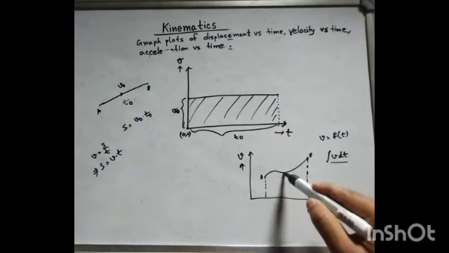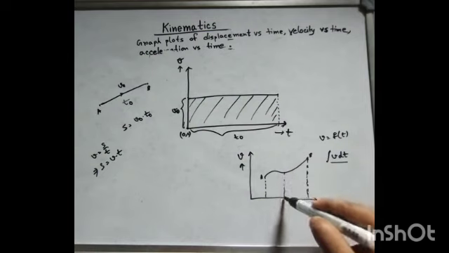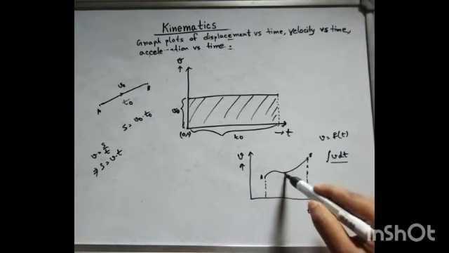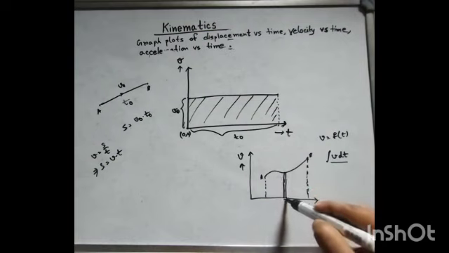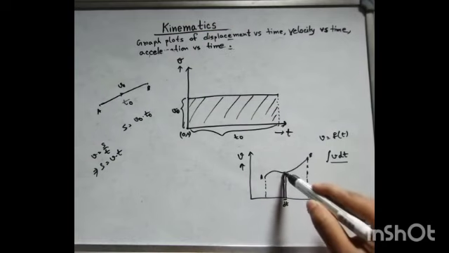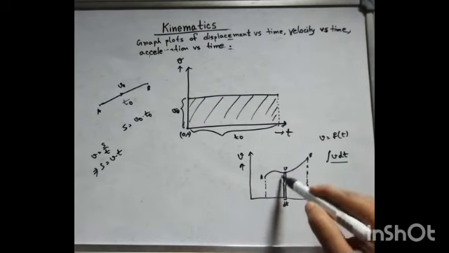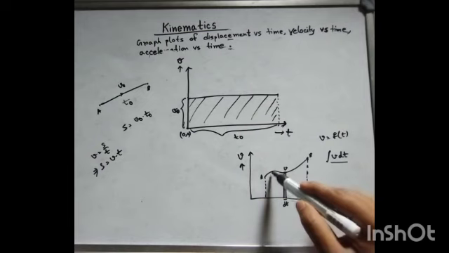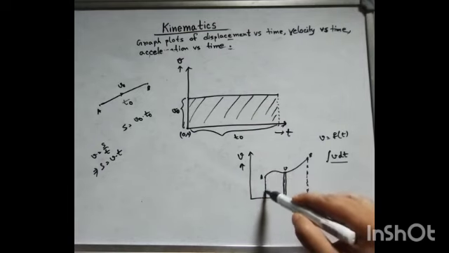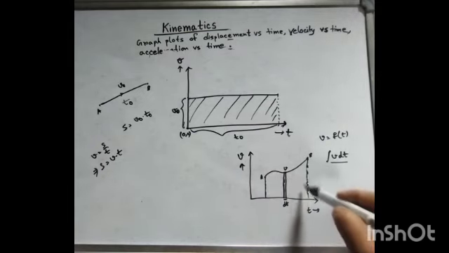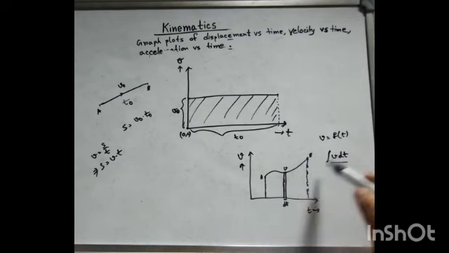That means at any value t, if you take a thin slice, the width of this is dt and the value of this is v, so v into dt is the area of this slice, and if you add many slices from this point to this point, you will get the area under this curve.